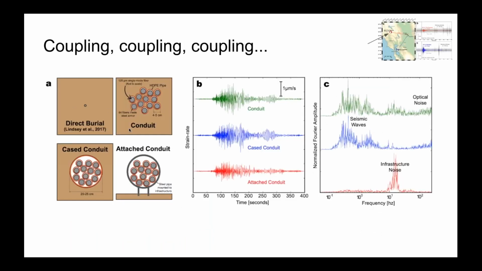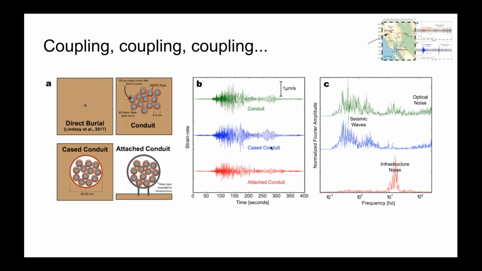We can consider the issue of coupling also, and look at a single event across many different types of coupling along the fiber optic cable in Sacramento, and see that there are differences in the response function, particularly at longer periods.